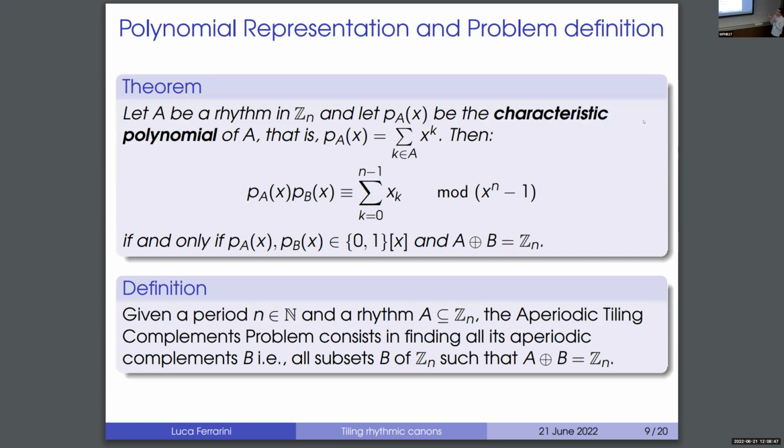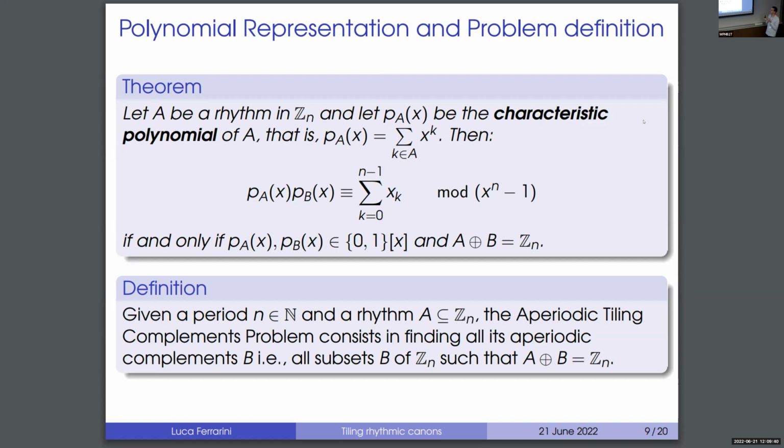It turns out to be useful, this kind of representation of a canon, since this can be translated into linear constraints. So if we have A that is a rhythm in Zn, and we set up the characteristic polynomial of A, we can see that if we multiply the characteristic polynomial of A with the characteristic polynomial of B, we obtain the all-ones polynomial modulo x^n minus 1 in Zn, where all the coefficients of the characteristic polynomials of A and B lie in 0 and 1.